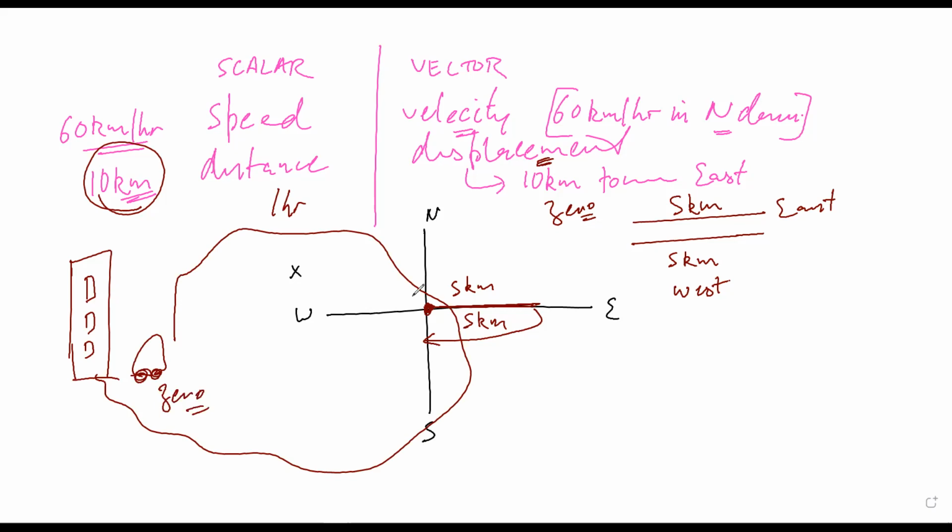Have you understood? Yes, sir. This gives rise to all kinds of funny situations where the magnitude is there, but if you take the net direction, as per vector addition, the resultant answer would be zero.